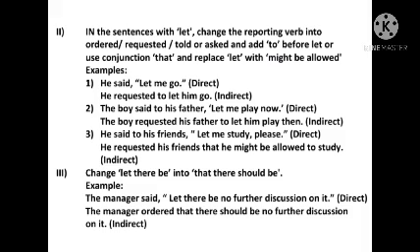He requested to let him go. The boy said to his father, let me play now. The boy requested his father to let him play then. He said to his friends, let me study please. Another way, he requested his friends that he might be allowed to study.